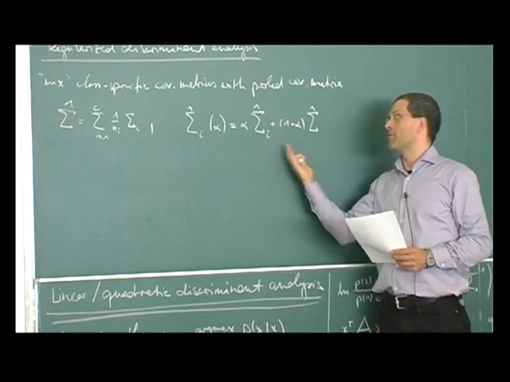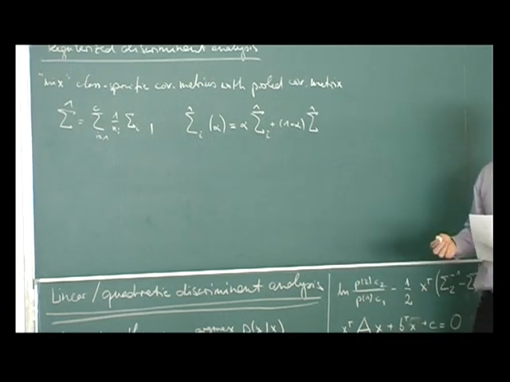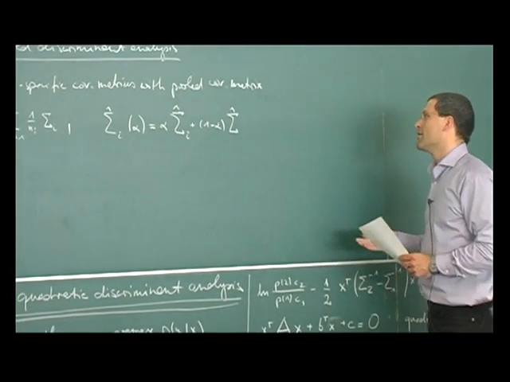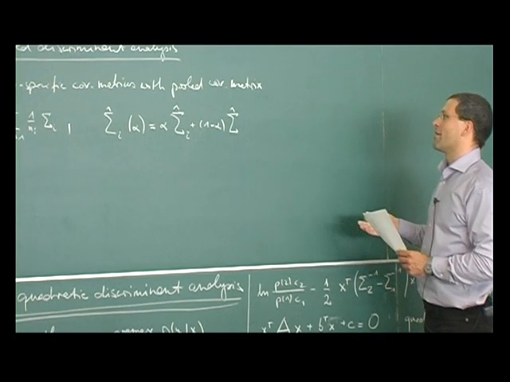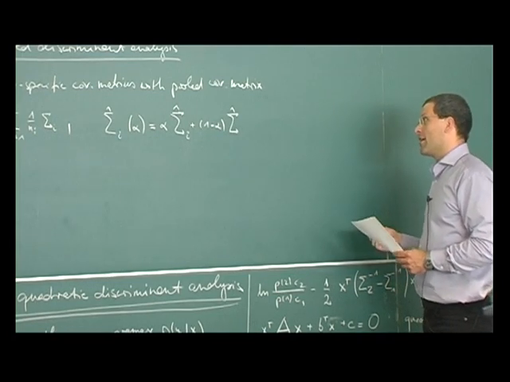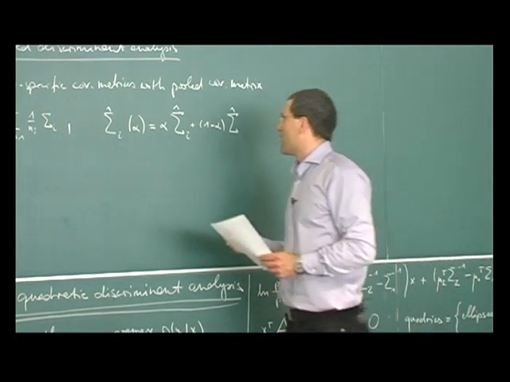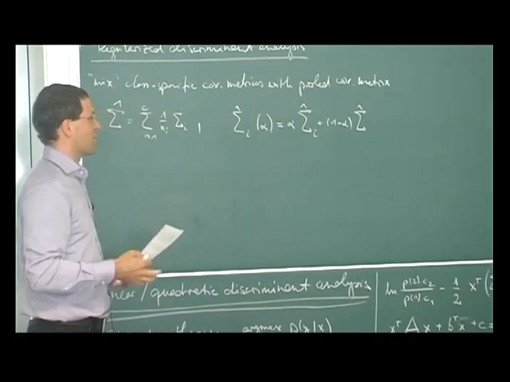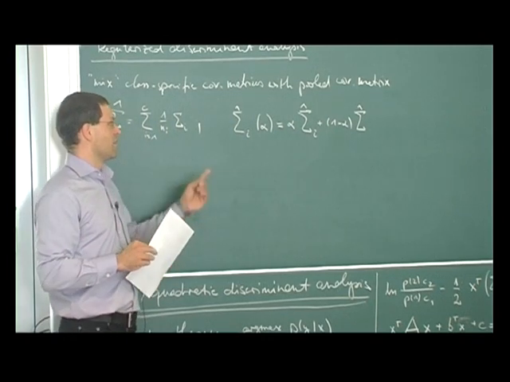Now we have a mixture between LDA and QDA. So for alpha equals 1, we get QDA, and for alpha equals 0, we get LDA. But we have incurred this additional parameter alpha.